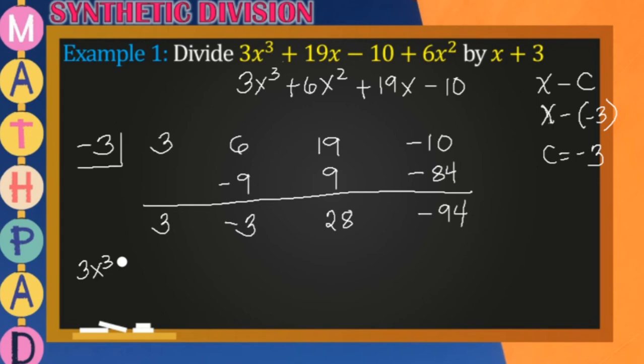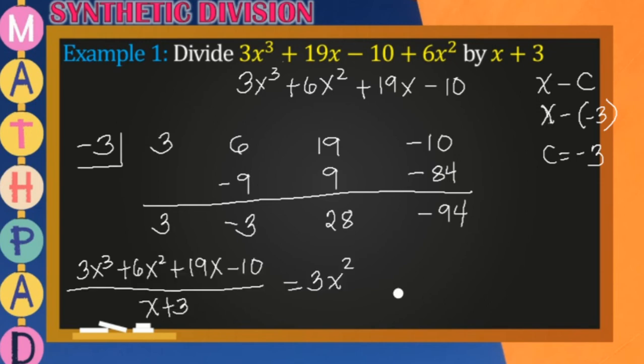So, 3. Now, paano ang exponent ng x? So, 3 tayo dito, di ba? Minus 1. So, that's 2. And then, decreasing power na siya. So, negative 3. So, we have x raised to 1. So, no need to write 1. Then, plus 28. 28 is constant na yun. Kasi remainder natin to, we have to add negative 94 over x plus 3. And that's it.